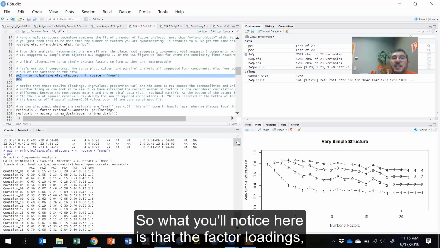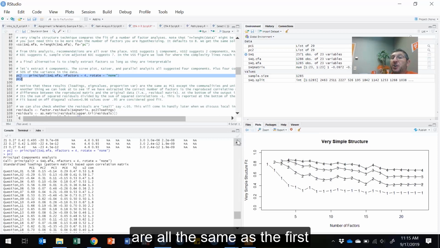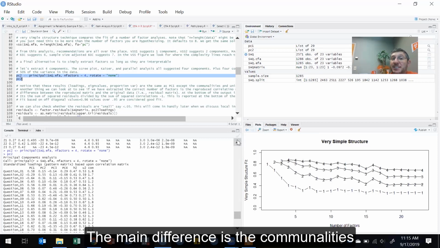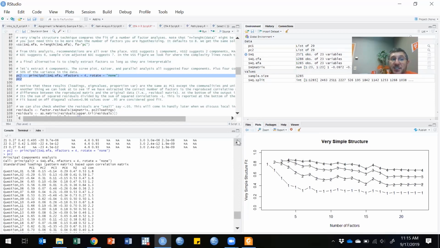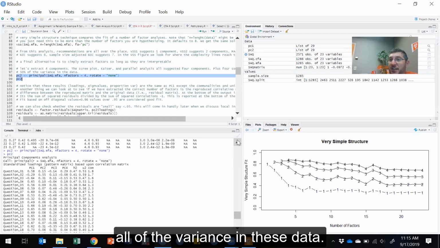What you'll notice here is that the factor loadings, the eigenvalues, and the proportion of variance explained are all the same as the first principal component analysis we ran. The main difference is the communalities and uniqueness have changed, because we're not explaining all of the variance in these data.